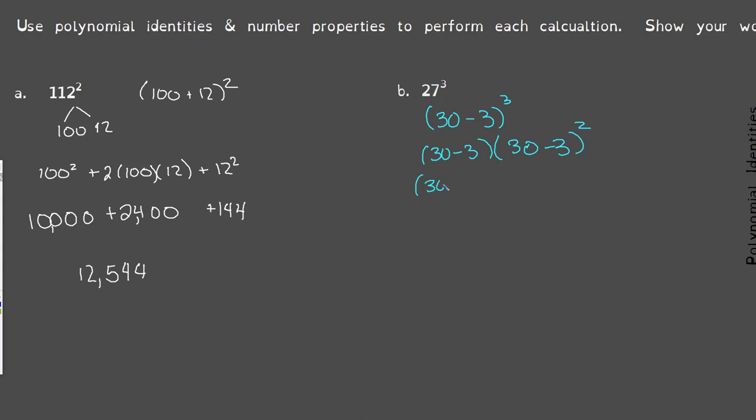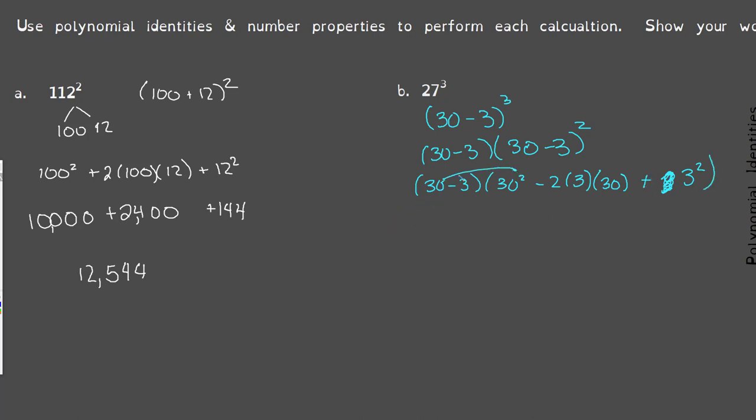And so I'm just going to leave that as 30 minus 3, times 30 squared minus 2 times 3 times 30 plus 3 squared.